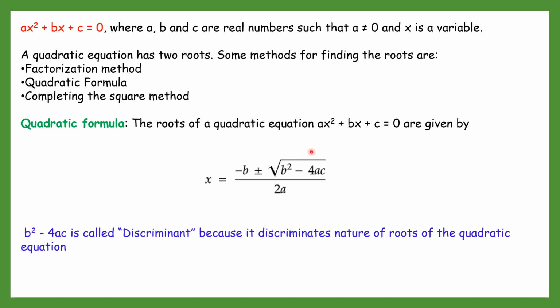And the quadratic formula is x is equal to minus b plus or minus root of b square minus 4ac by 2a. That means you will have two roots.